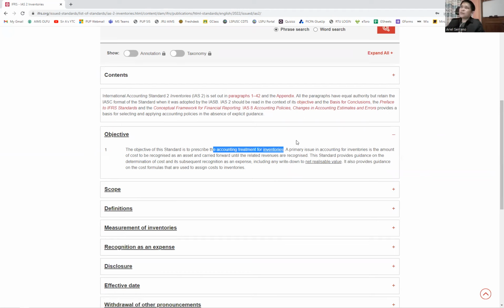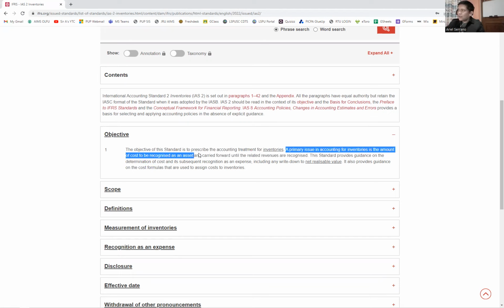And when we are talking of inventories, ano ba kasi yung common concern natin dito? Of course, yung common concern natin dito is how do we measure, how do we recognize, and at what amount? So ito yung sinasabi dito na yung primary issue in accounting for inventories is the amount of cost to be recognized as an asset.